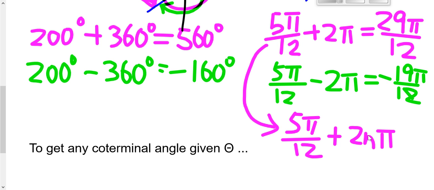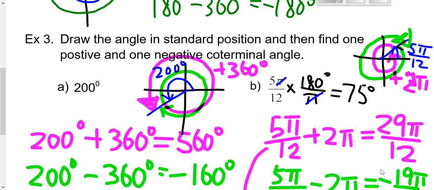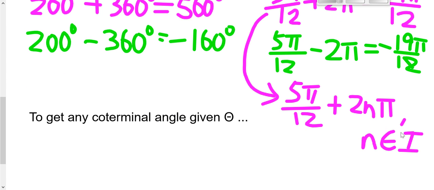If there are 2 rotations, then 2 times 2 gives you 4 pi. Okay, and then in this case, we will say that n is any integer, because in order to have a coterminal arm, we have to do 1 full rotation, 2 full rotations, 3 full rotations, so on and so forth.